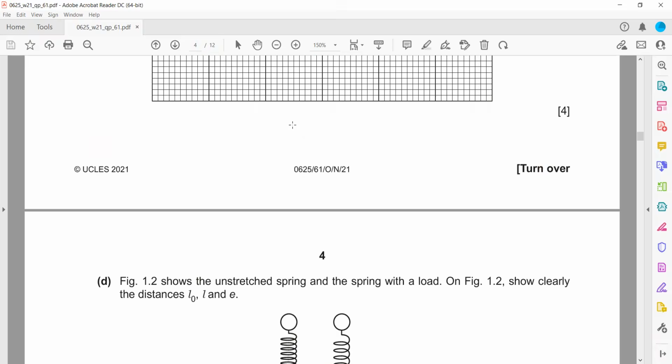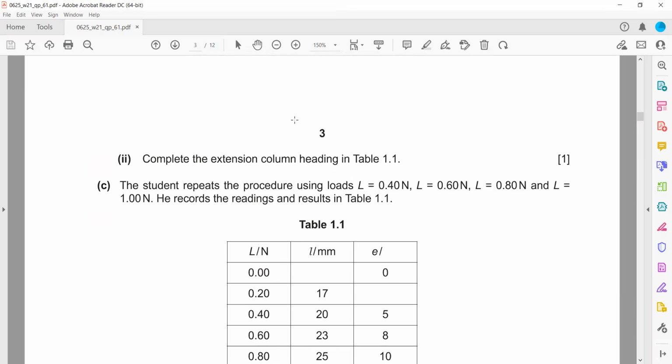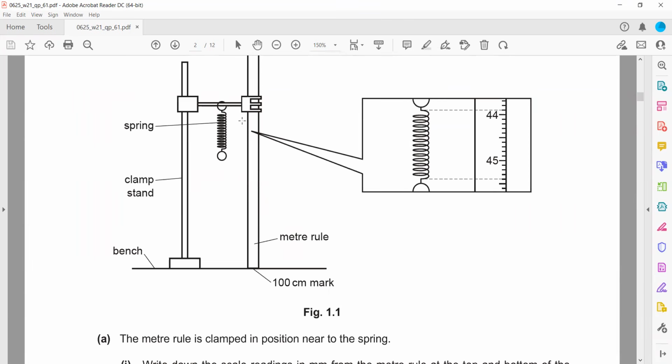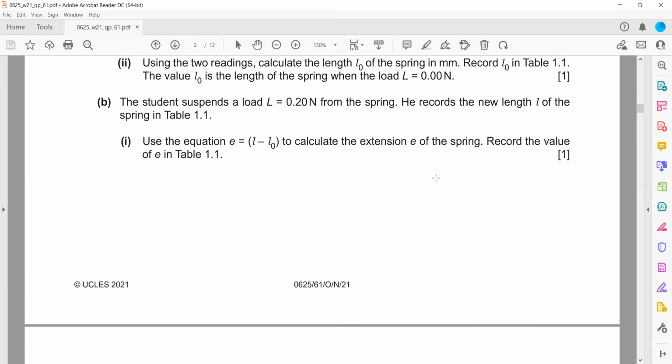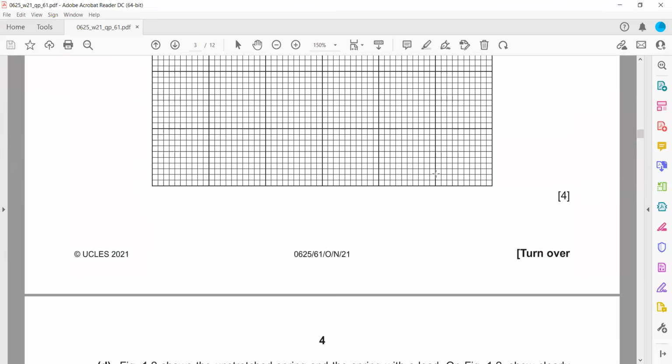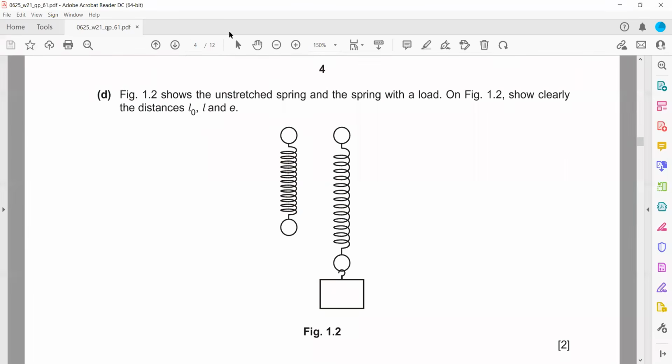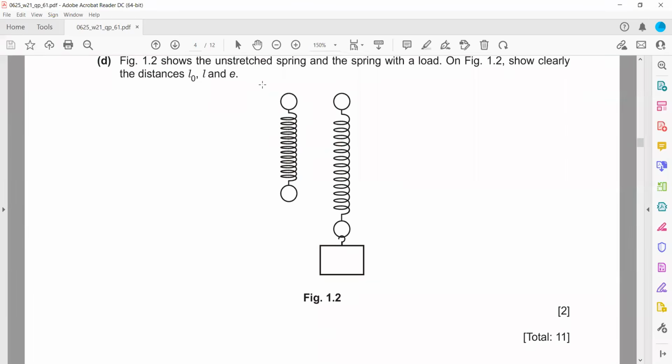So what is L naught? You can see at the beginning of the experiment that L naught is the original length from the start of the hook till the end. You have to clearly label L naught.